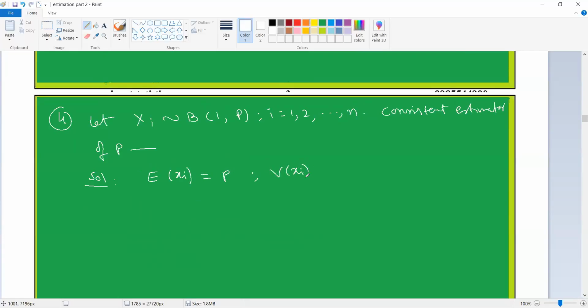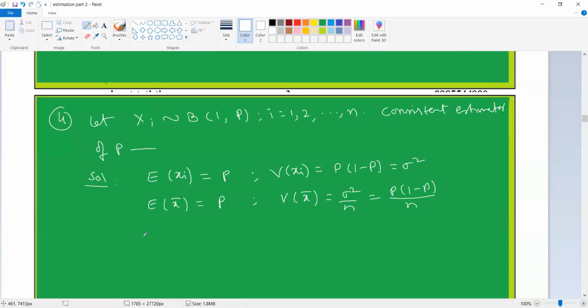Variance of xi is equal to p into 1 minus p, that is pq, where q is replaced by 1 minus p. E of x bar is equal to p. Variance of x bar: variance of xi is denoted as sigma square, and the formula is sigma square by n. So this is p into 1 minus p by n.